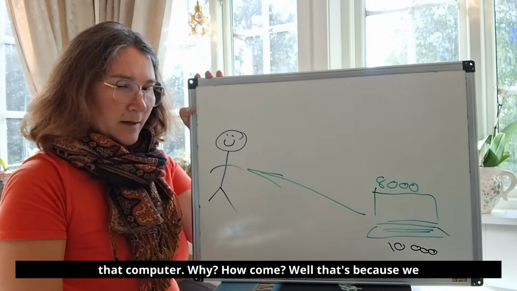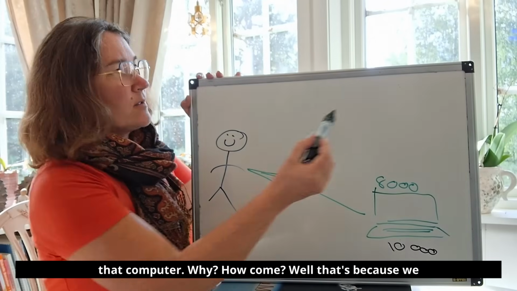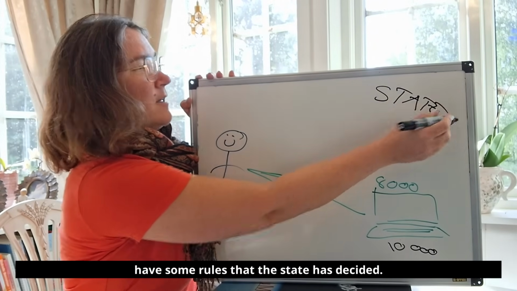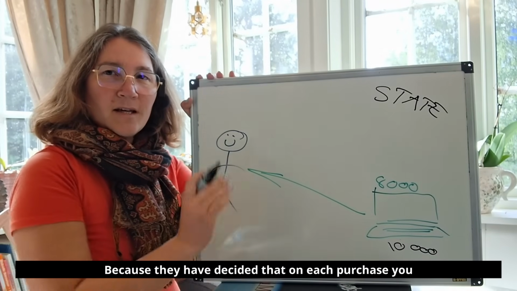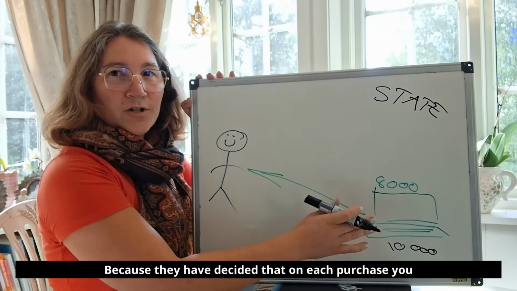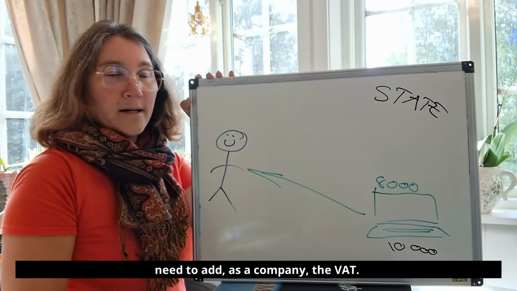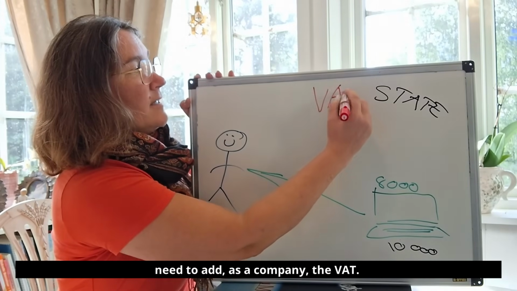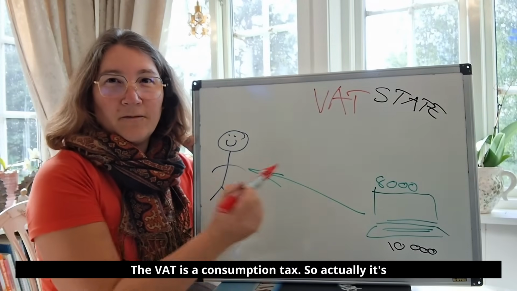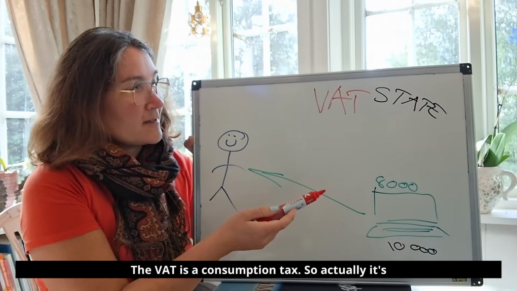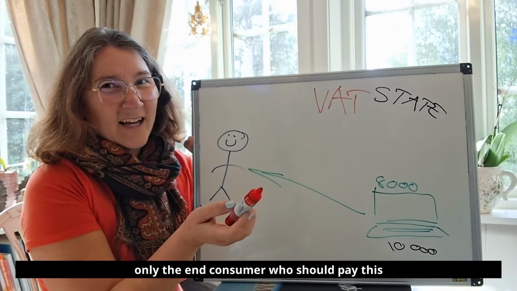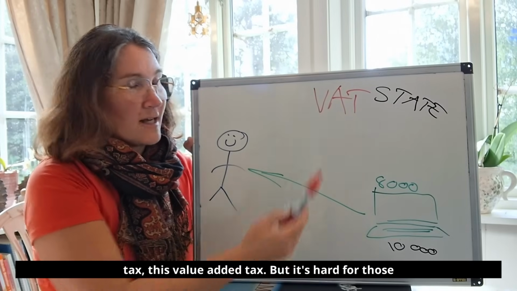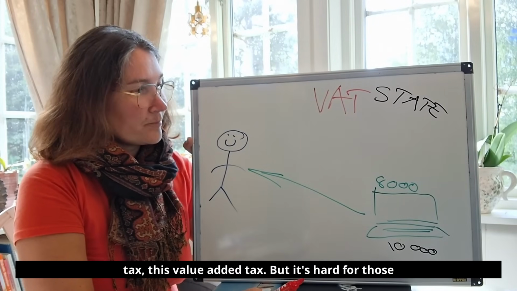Why? How come? Well, that's because we have some rules that the state has decided. Because they have decided that on each purchase you need to add, as a company, the VAT. The VAT is a consumption tax. So actually, it's only the end consumer who should pay this tax, this value added tax.